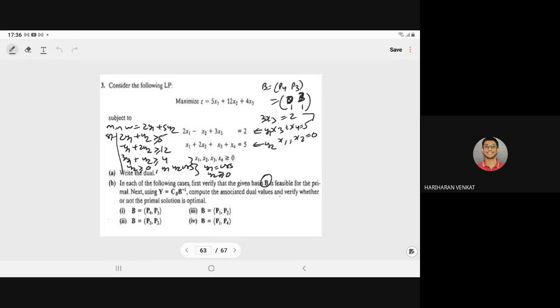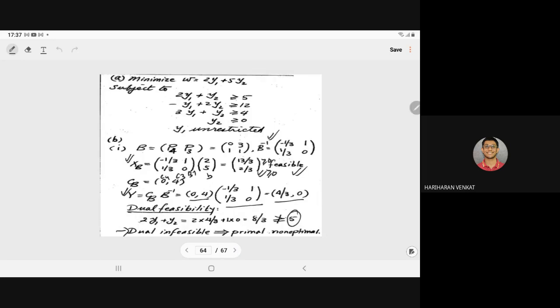The primal solution is optimal if the dual is feasible or not. That is one way to check the optimality. Another way is to compute Zj minus Cj, with which you can compute the optimality. But here they knowingly gave this example to find it through the theorem of duality.